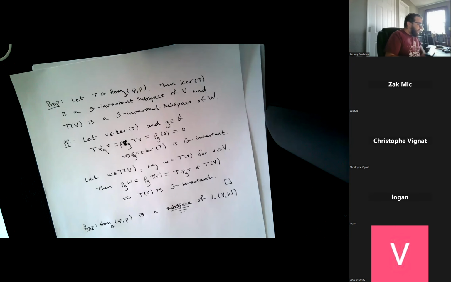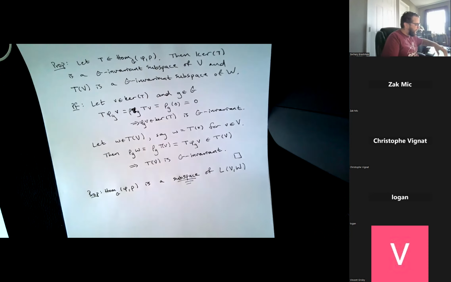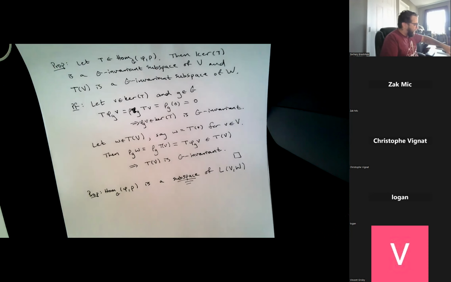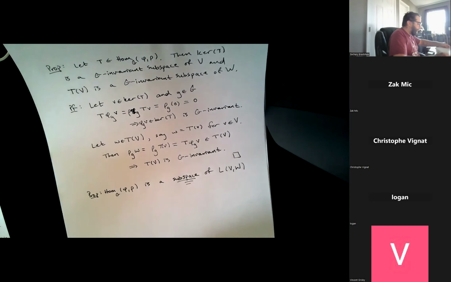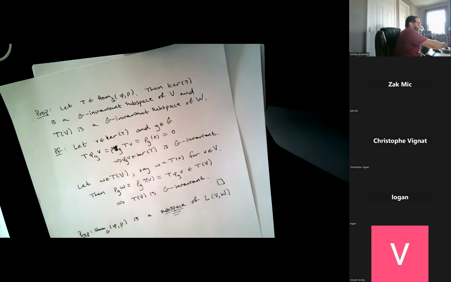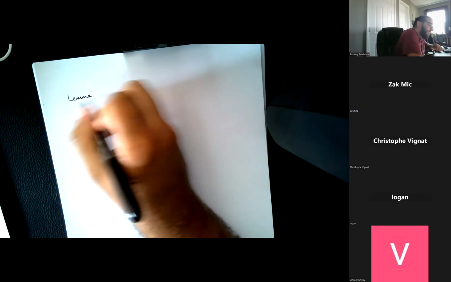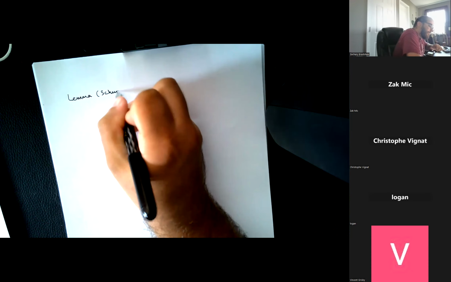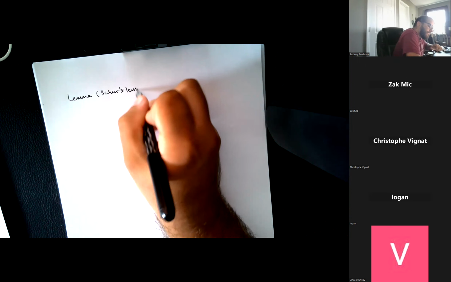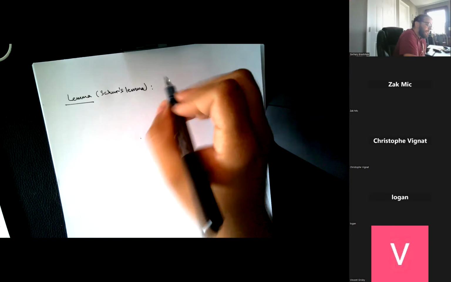All right, so the next lemma is going to be one of the most important results in representation theory, and is essentially an observation due to Schur that morphisms between irreducible representations are kind of limited. So this is called Schur's lemma. That's what it's referred to as in the literature.